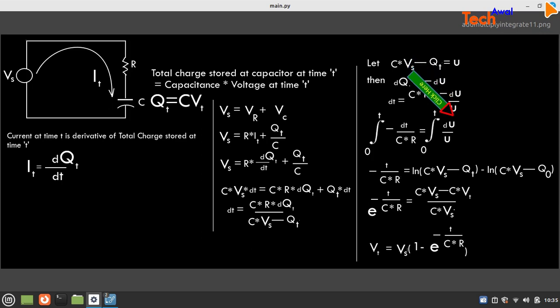If I integrate, then finally we come to the voltage at any time t equal to Vs, which is fixed, times (1 minus exponential of minus t by CR). If I place t at any second, with C and R constant and Vs constant, I can find Vt, which is the theoretical Vt.